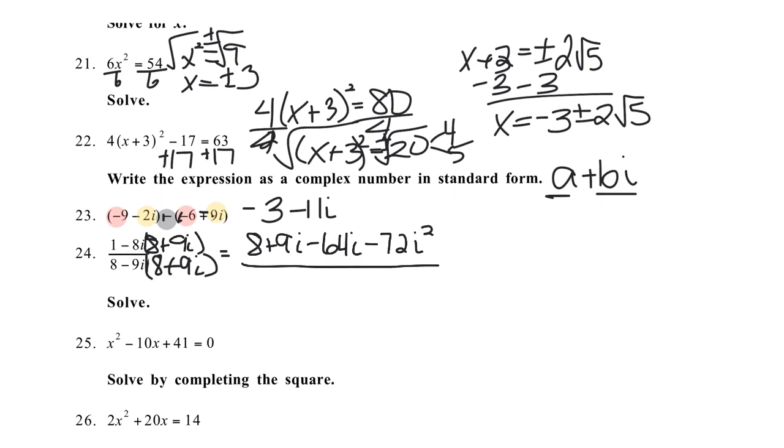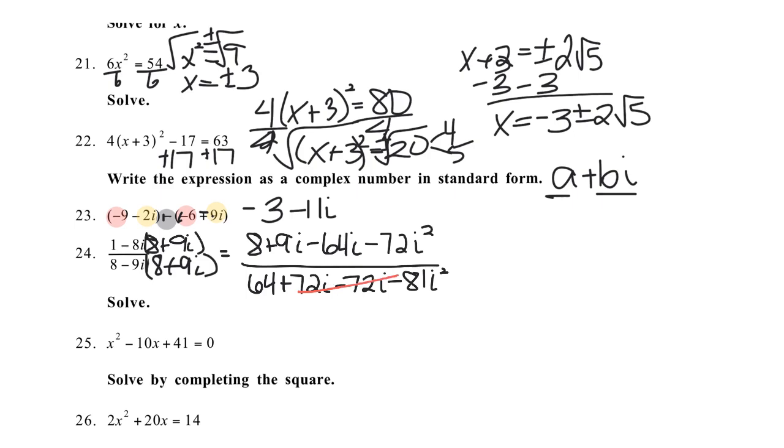That's my numerator. My denominator becomes 8 times 8, which is 64. 8 times 9i plus 72i. Negative 9i times 8, negative 72i. Negative 9i times 9i gives me negative 81i squared. Now my i terms cancel out in the denominator.